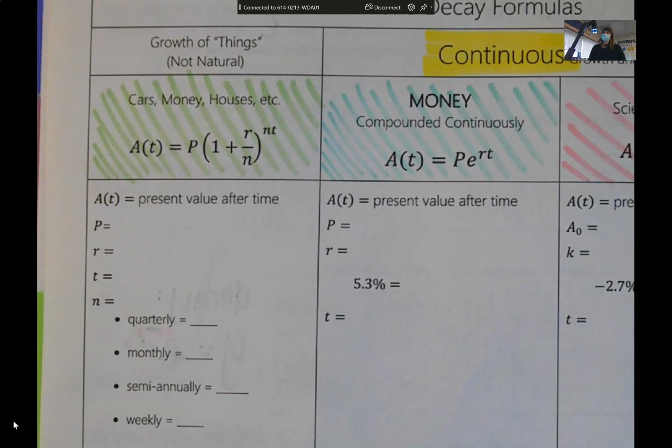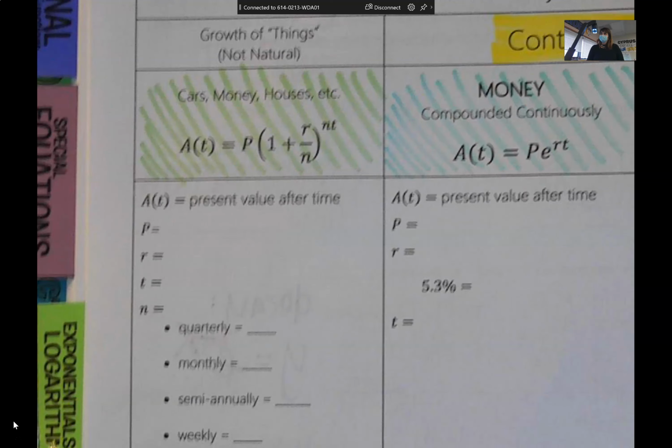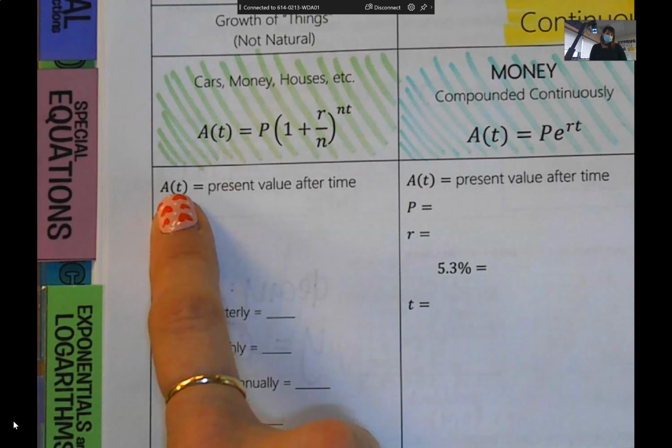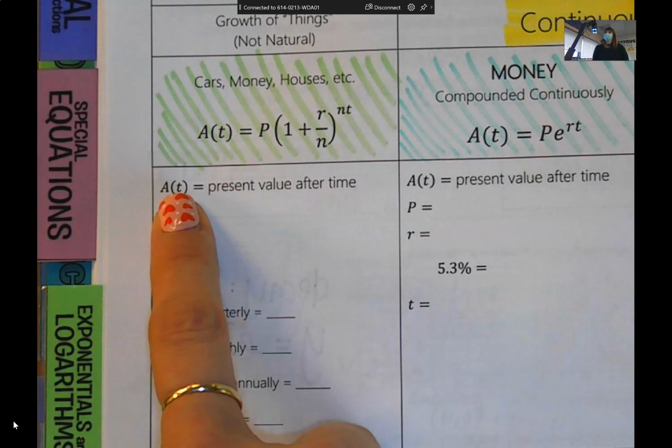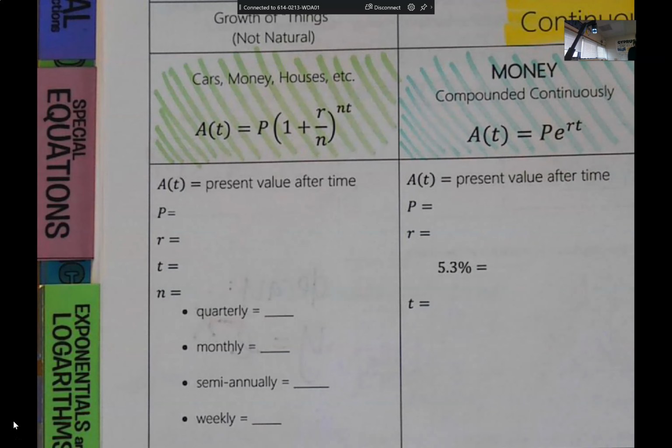Okay, so let's look at the really horrible one first. A sub t represents the present value after time. And some of this stuff is going to make more sense once we do a problem. P is your initial amount or your starting amount.